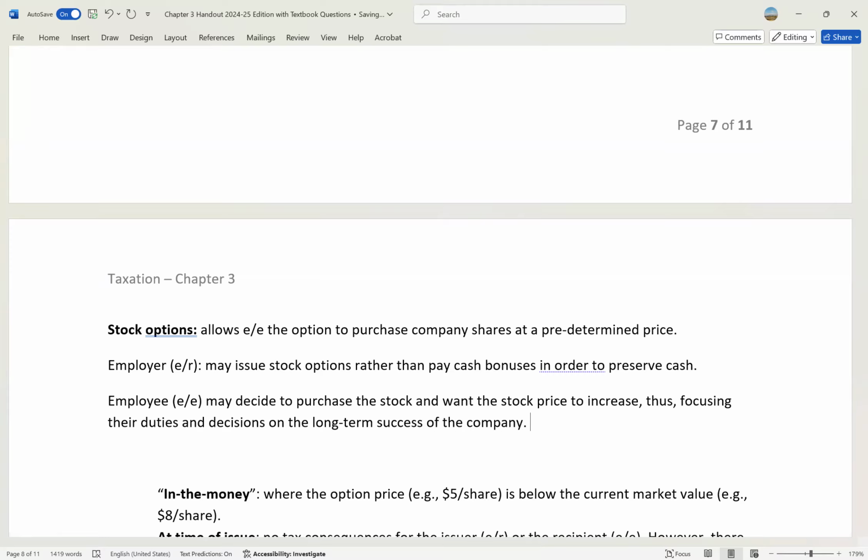So if you are an employee and you decide to buy the stock, obviously you want the stock price to increase. And so in your job, you may be making decisions that will increase the long-term success of the company, thereby increasing the stock price in the future. So it benefits employers, and also in the way that employees will act once they become shareholders of the company.